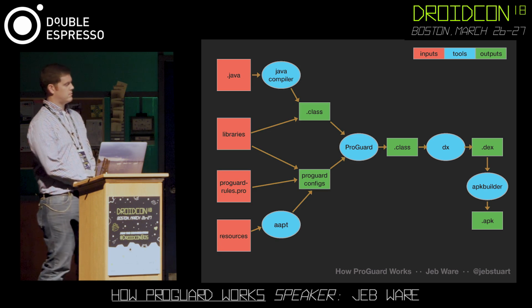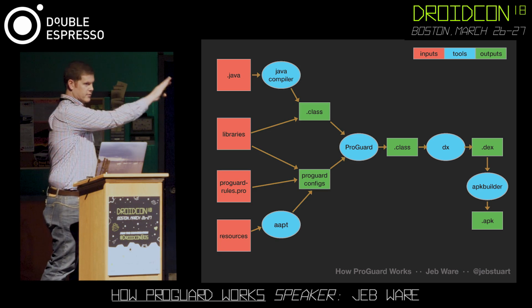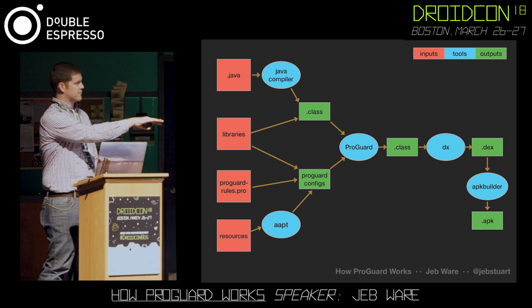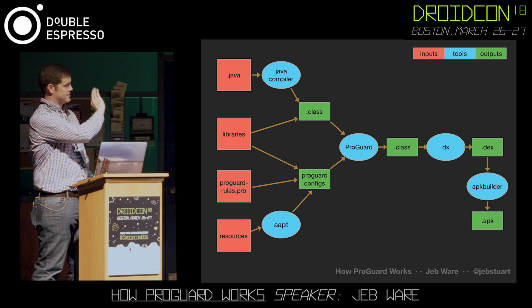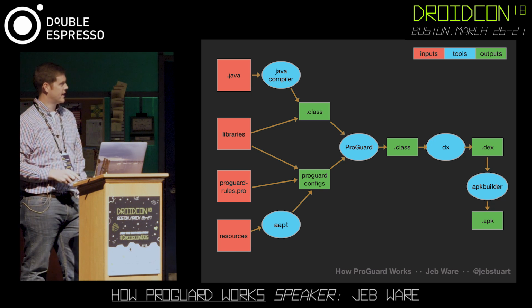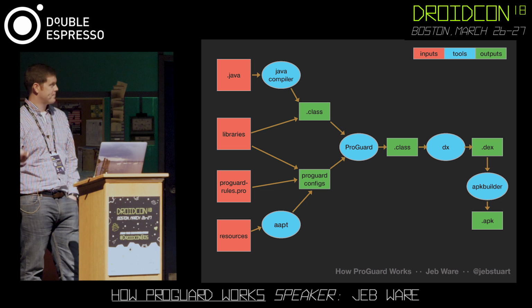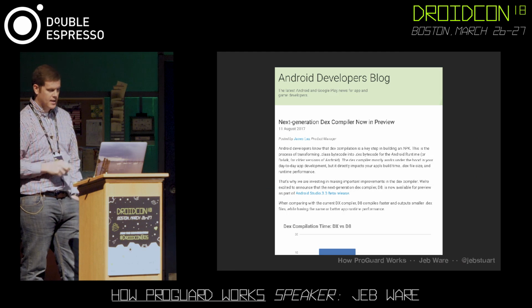So you're not actually walking through these steps. The Android Gradle plugin is invoking all of these things for you, and it's doing a heck of a lot more. This is a very small version of the build diagram. But these are the tools that are getting invoked for you under the hood as of now.